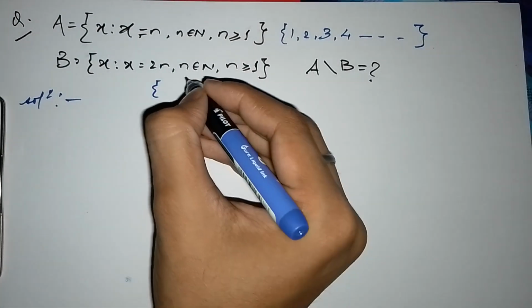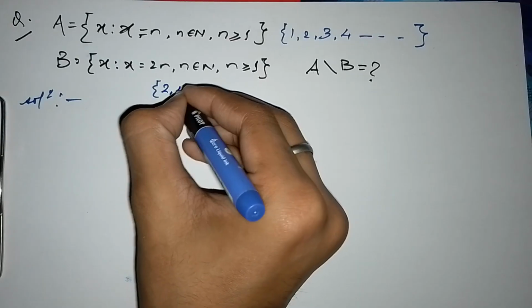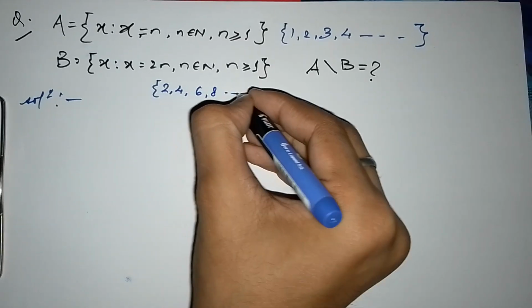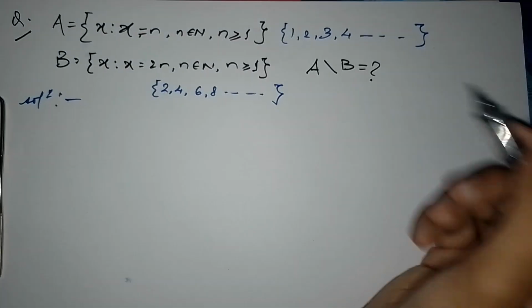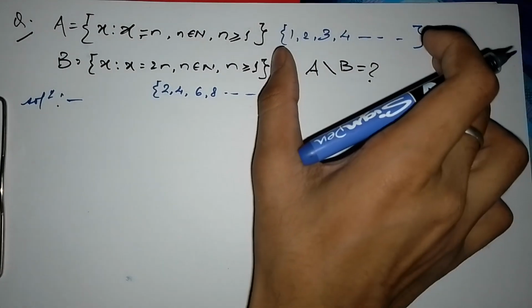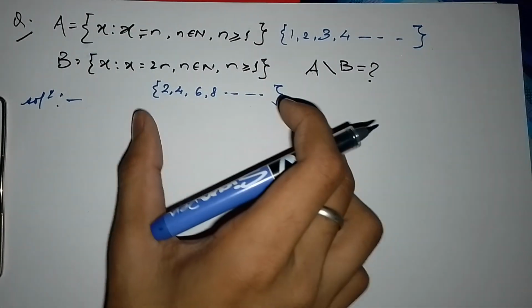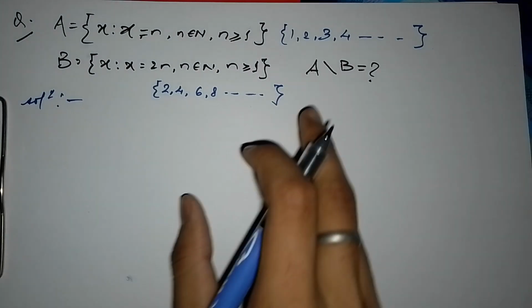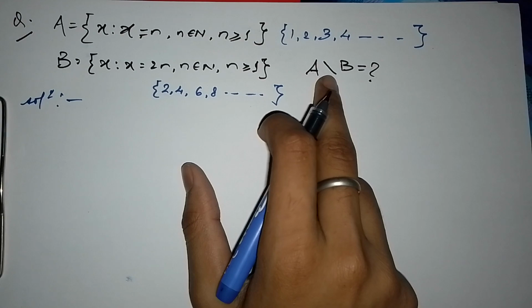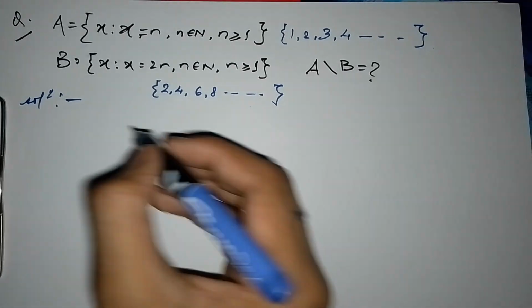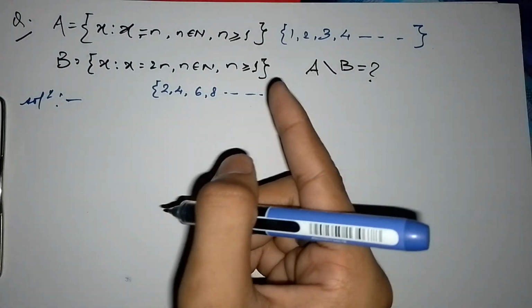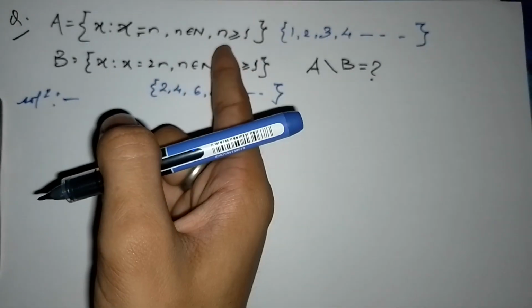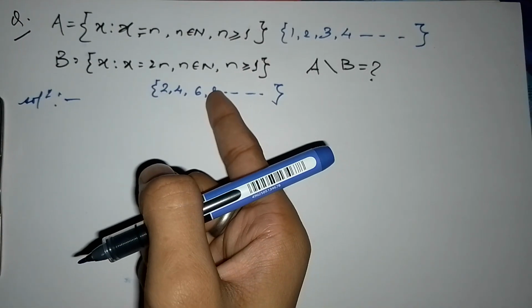B is the set 2, 4, 6, 8 and so on. So A is the set of all natural numbers and B is the set of all even numbers. If I am asked what would be the set A complement B, we would answer all the elements that are in A but not in B.